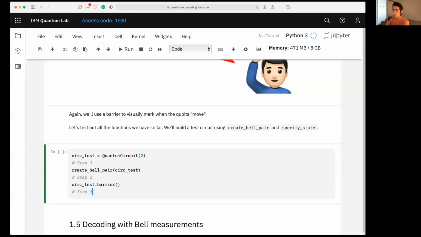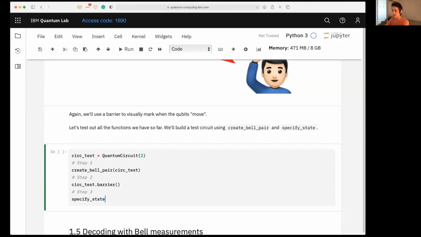Step 3. We are going to have Alice encode her message. Now, we had a function for this as well. We called it specify state. Again, we pass in our circuit as the first argument. And remember, we give a second argument, which is the message we want to transmit. So let's say, just as an example, I want to send Bob the message 0, 1.